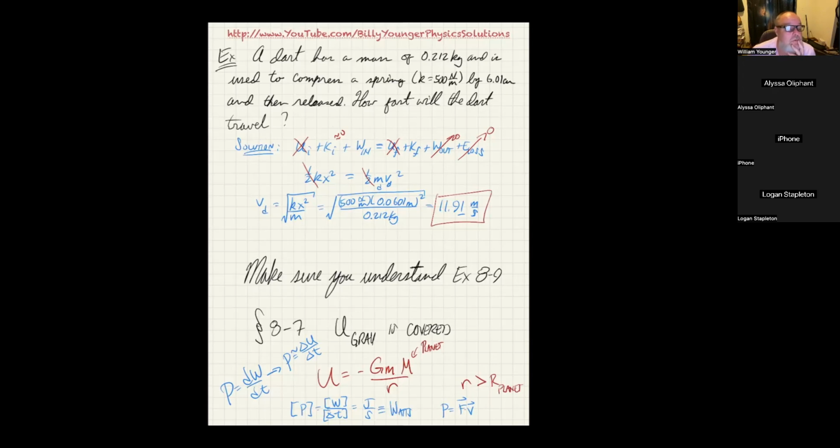And let me make sure it works. Yes, it seems to work. It's got the right number of questions and the right number of points. So yes, chapter 7 is there. Thanks, Logan, for letting me know. I didn't even see it. I had already made it, but evidently forgot it.